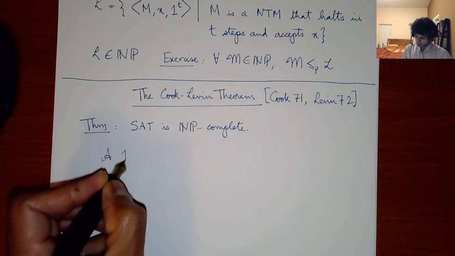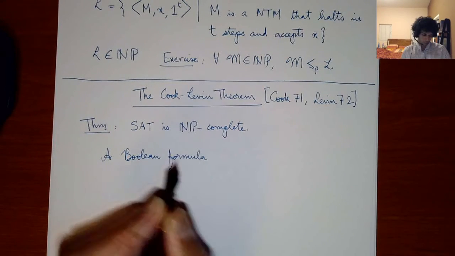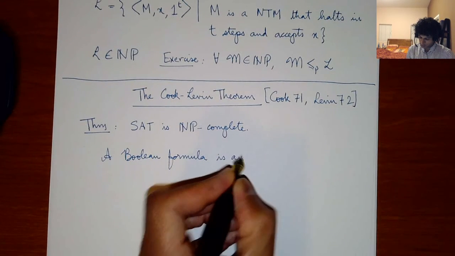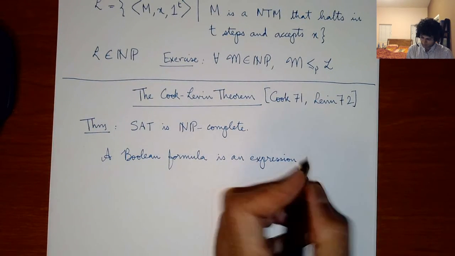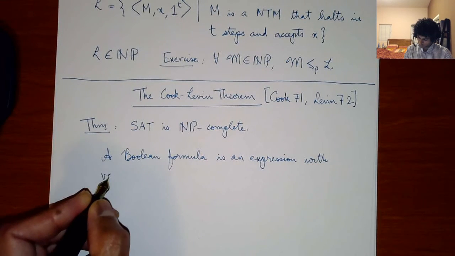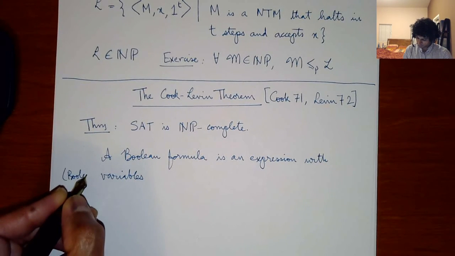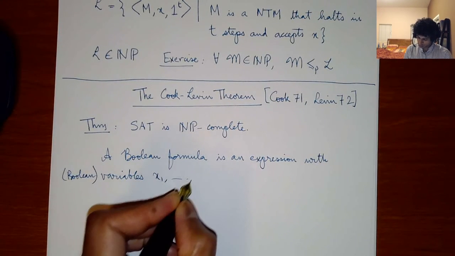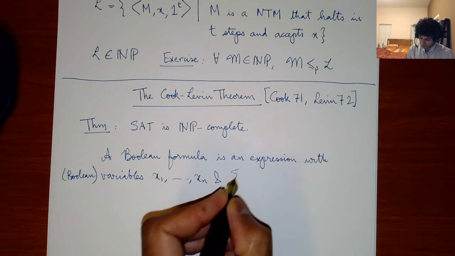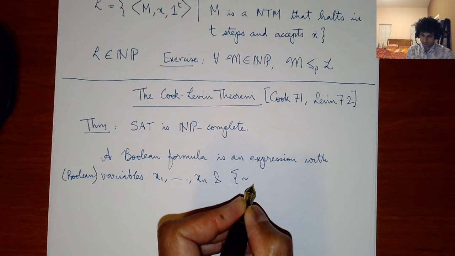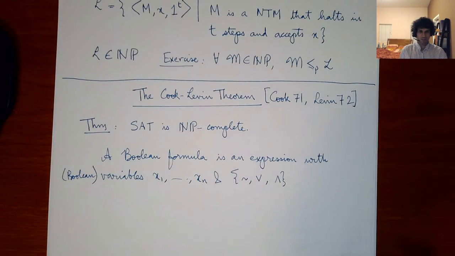So a Boolean formula is an expression with Boolean variables x1 to xn, and the symbols NOT, OR, or AND. So it's just some expression.